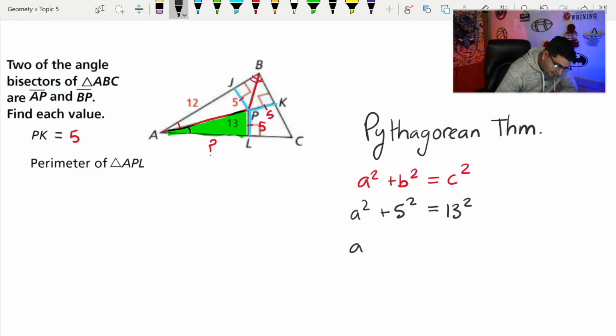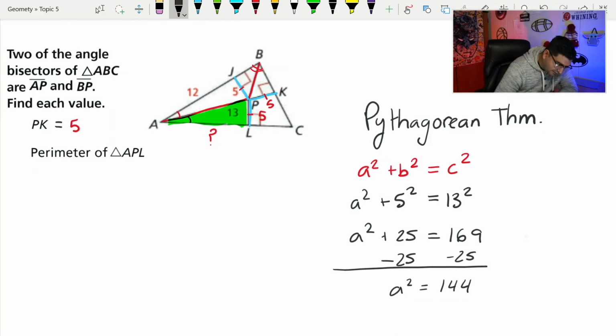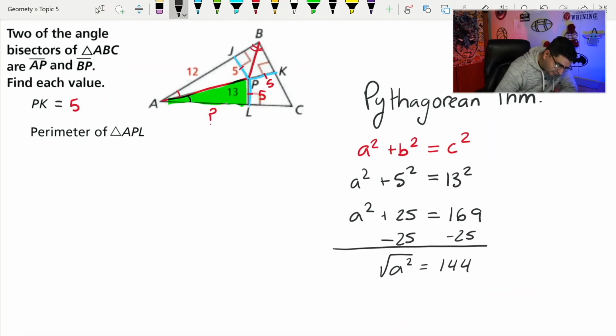So I get a squared plus 25 equals 169. 5 times 5 is 25. 13 times 13 is 169. We can then subtract 25 from both sides. I end up getting a squared equals 144. We now want to take the square root of each side. And I get that a equals 12. So now I know that this distance is 12.